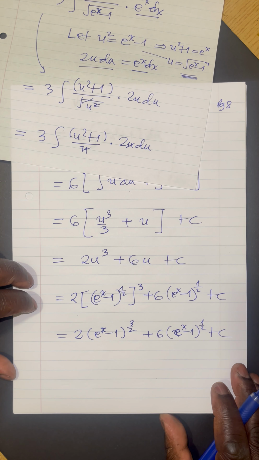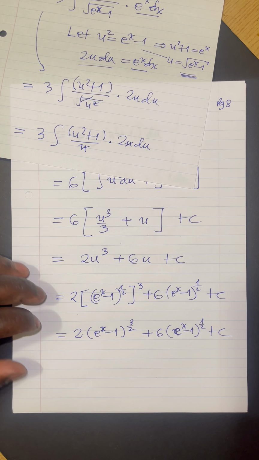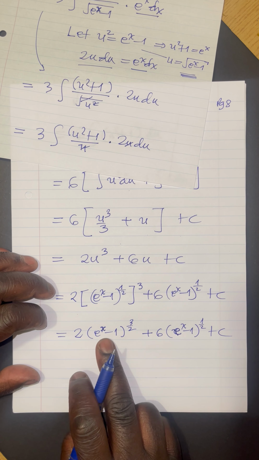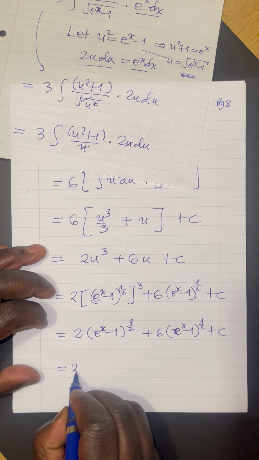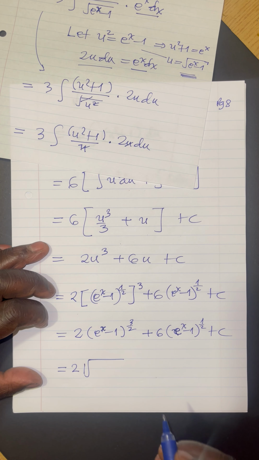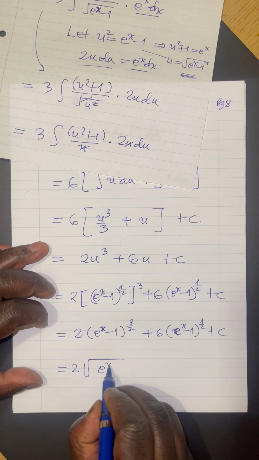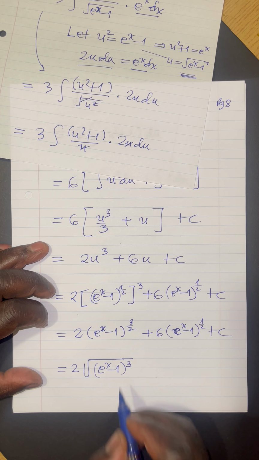I like to present this in an original format, with square root sign. This will be square root of that cubed, and that will be square root of that. So this is basically 2 times the square root of e to the power x minus 1, this whole expression cubed, like that.